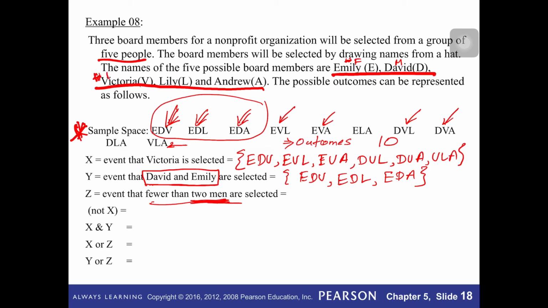Lily F, Andrew M. So we have Andrew and David as the males, so both should not be there. A and D should not be there together, that's the goal. Fewer than 2, so D and A should not be in our outcome together. They can be in separately, but together they cannot be in this outcome.